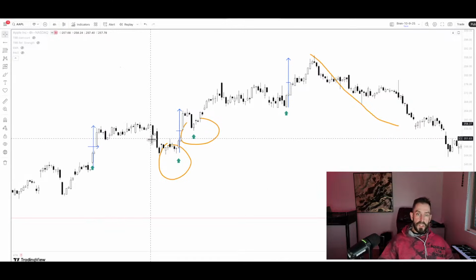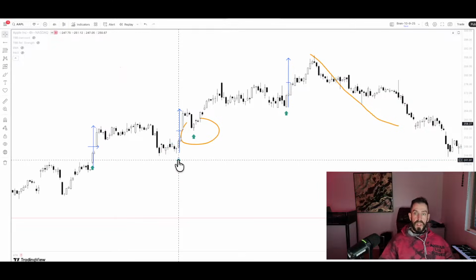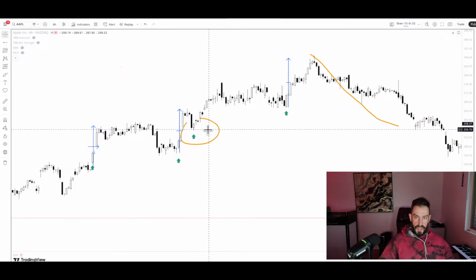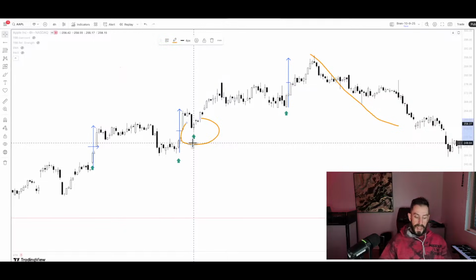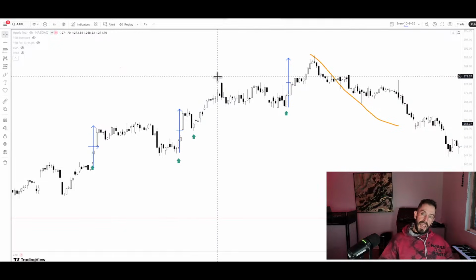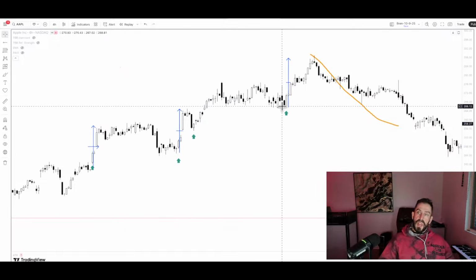Price comes down to that 50% mark, which is right here, goes a little bit past it, goes sideways and shoots up, right? Perfect. Then it comes down. We measure that move from bottom to top, comes right down. Look at this. It came right down to the tick to the 50% mark. You see that? That candle came right down to where that 50% mark is. Amazing, right? And then we move up again, go sideways for a little bit, and then we move up again.